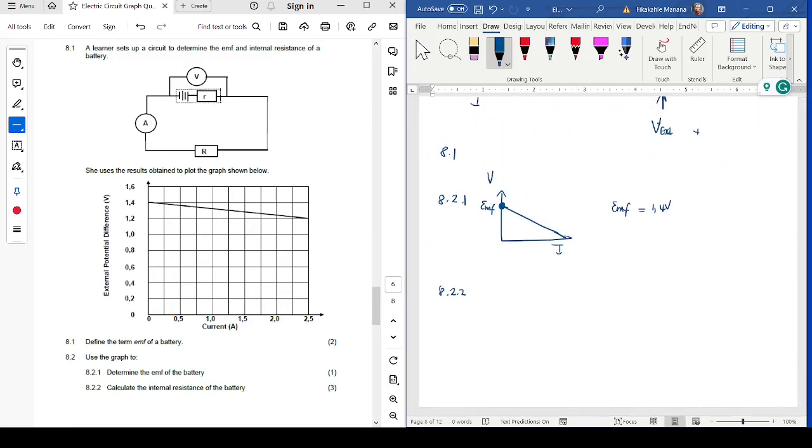Okay, so internal resistance, it's our gradient, which is basically delta V external over delta I. All right, and we're going to choose the simplest values we can get. There's the 1,4 as well as 1,2.